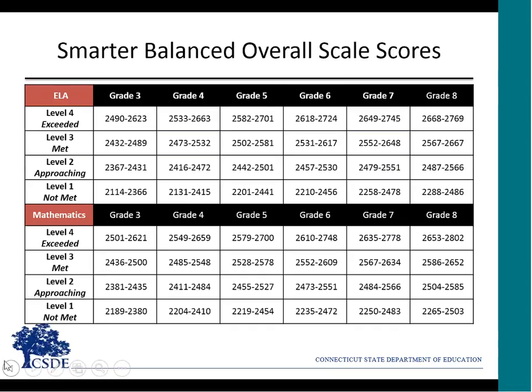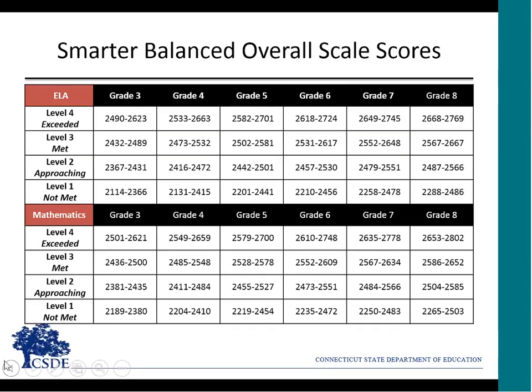For each subject, this table presents the precise vertical scale score ranges for each achievement level in each grade. The threshold vertical scale scores that separate one level from the next are the lower numbers in each range for levels 2, 3, and 4. For example, the threshold score for level 3 in grade 3 ELA is 2432.